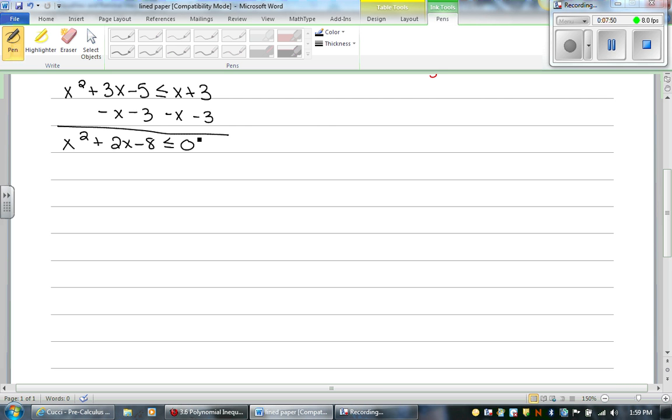Okay, so from here we follow that same procedure. We start by finding the zeros. We do that by factoring. What two numbers multiply to be negative 8 and subtract to be 2? That's going to be plus 4 minus 2.